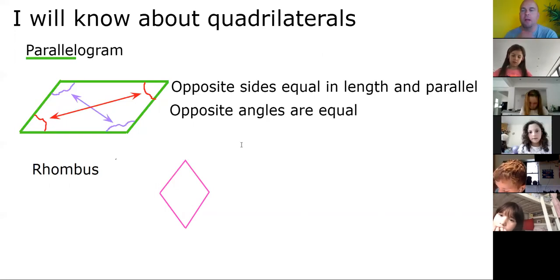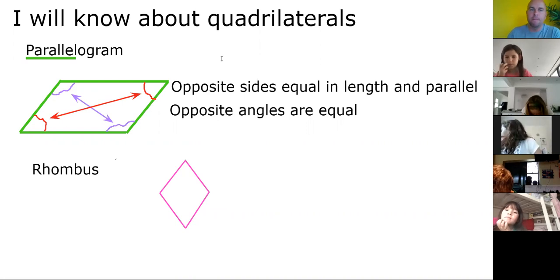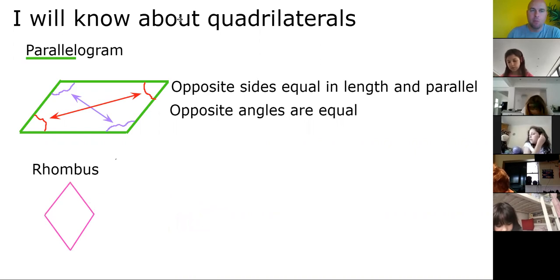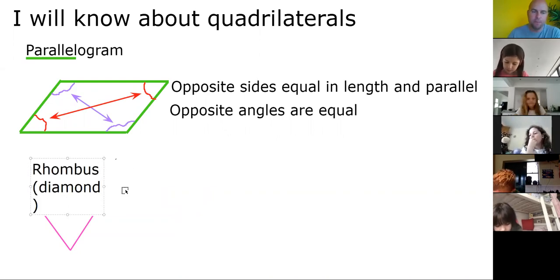So it's like the parallelogram being squashed, but it's like taking the square and squashing it rather than the rectangle and squashing it. So it has 4 equal sides, okay? So when you get a question that says name this quadrilateral, you think rhombus, you think diamonds, okay?